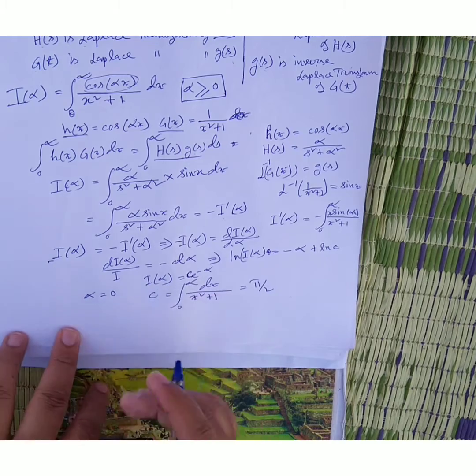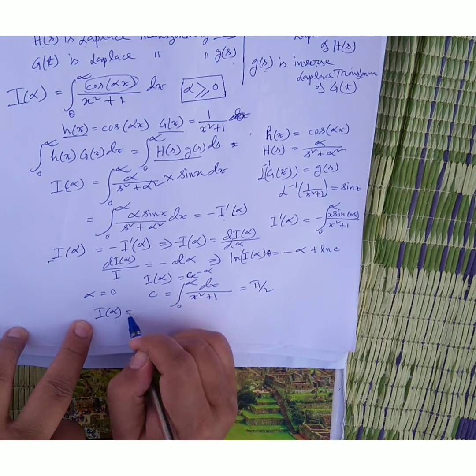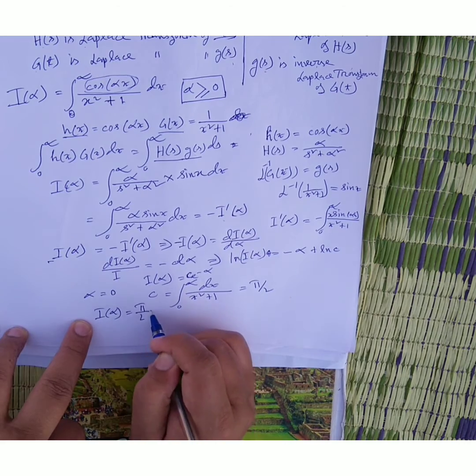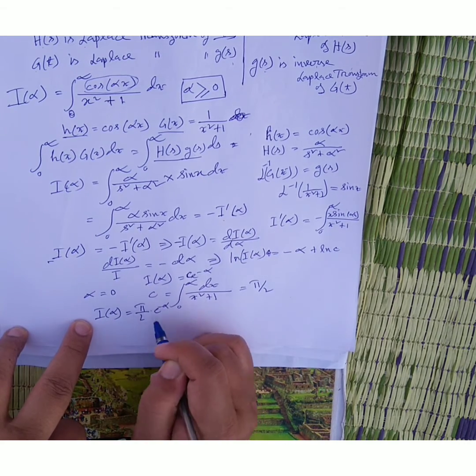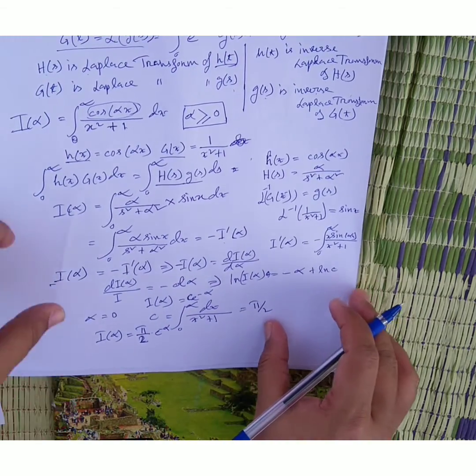So my value is I(alpha) equal to pi by 2 into e to the power minus alpha. This equation is the integration value.